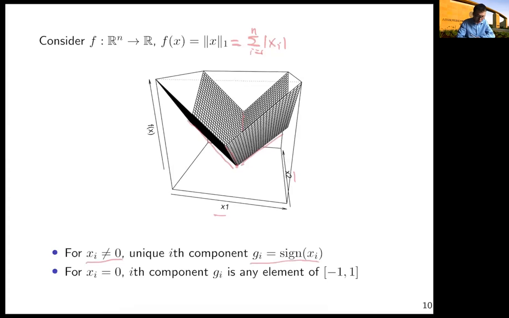For instance, if you are here, then x1 is strictly greater than 0 and x2 is strictly greater than 0, so we know that the only gradient is pointing upwards in this direction. So it is (1, 1).